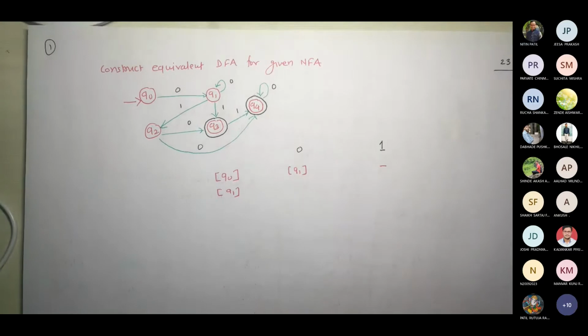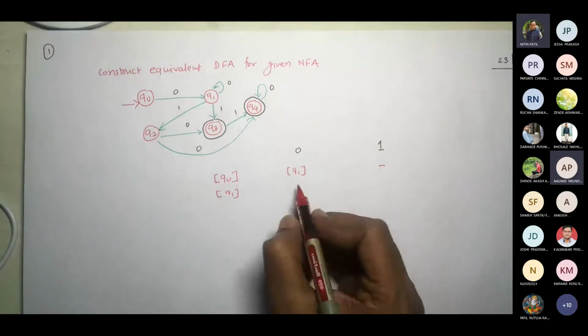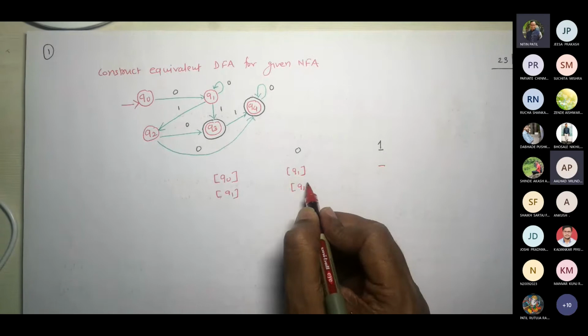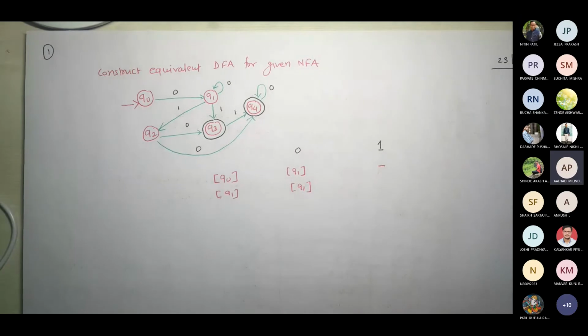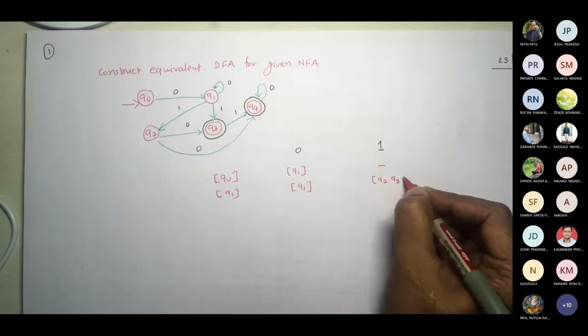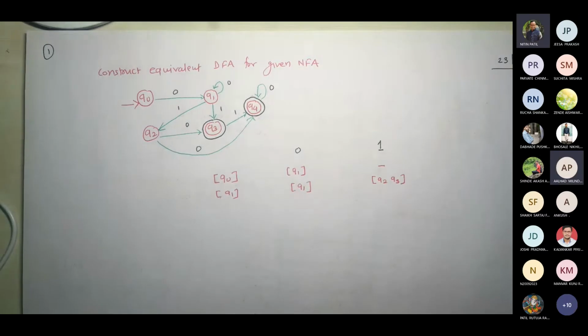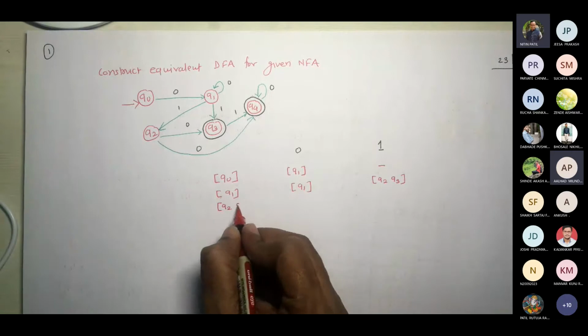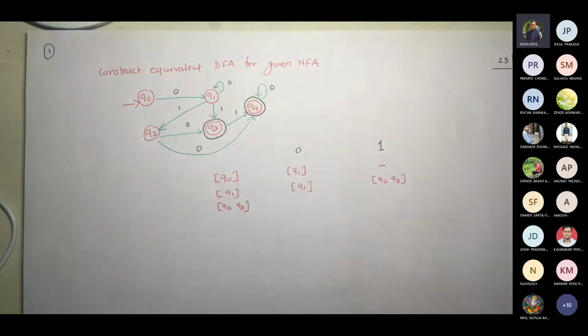Q1 on 0 is dash, and Q1 on 1 is Q2, Q3. Now what did you get as a new entry? Q2, Q3. Very good. So we have Q2, Q3.